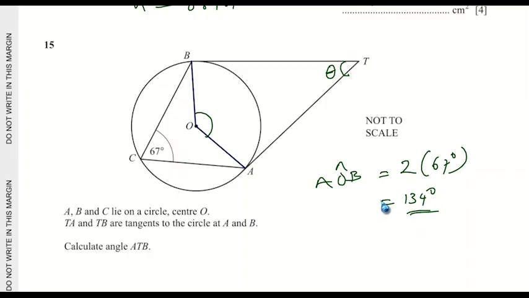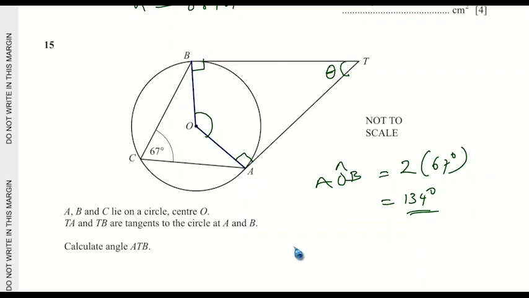Now, if you look at angle OAT, this angle, and angle OBT, this angle, they are both 90 degrees, because the angle between a radius and a tangent is always a right angle.